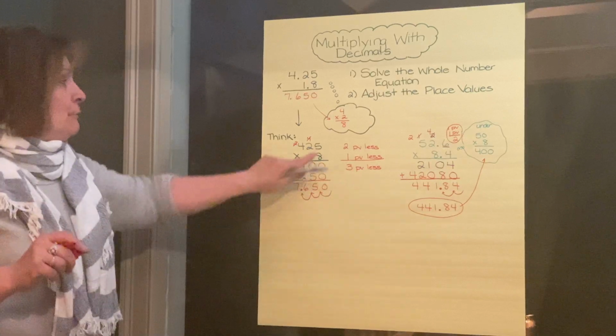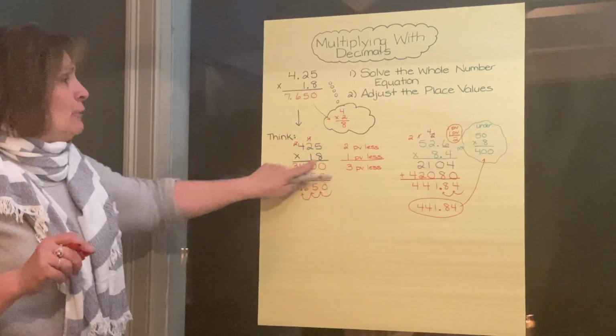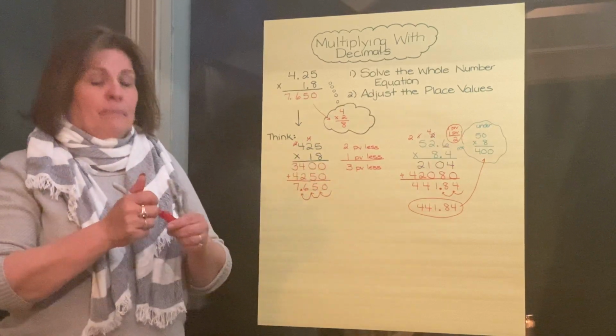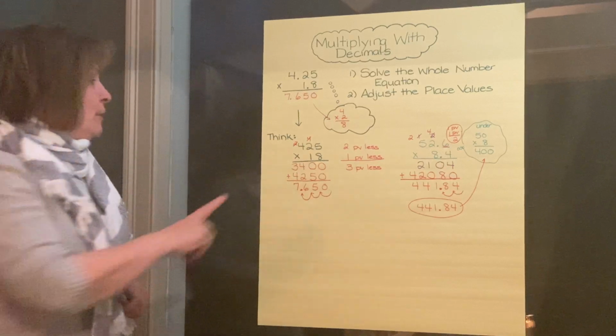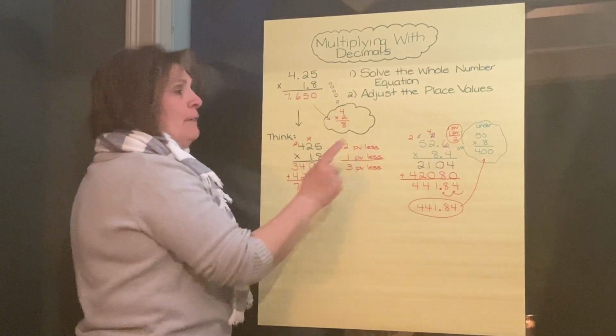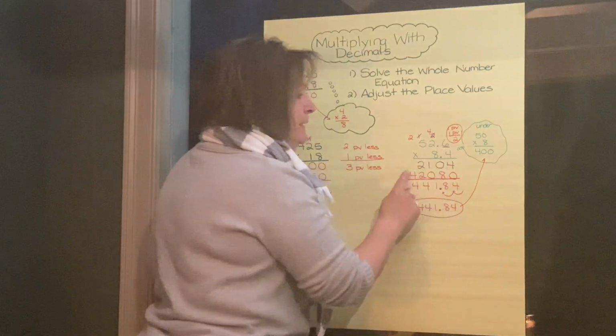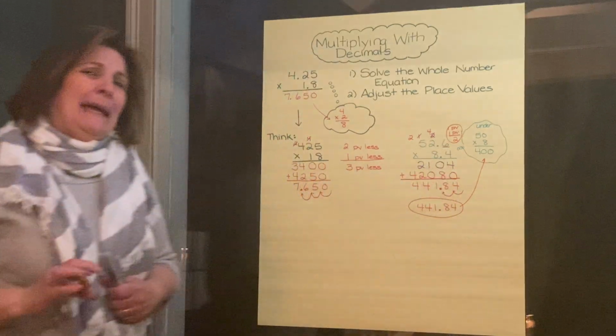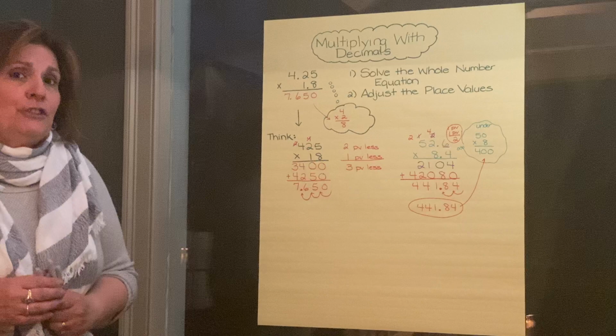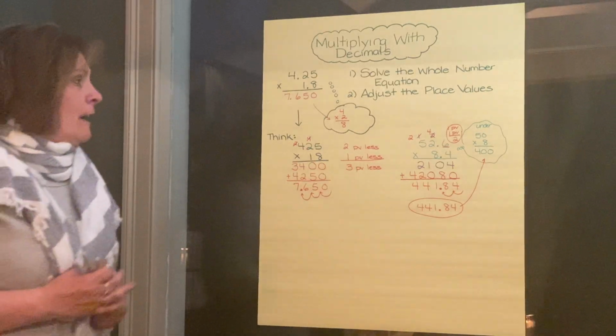So if you want to rewrite it as a whole number equation, you can. But remember, we don't ever put commas in the partial products, and we don't ever put decimal points in the partial products. We wait until the final product to do that.